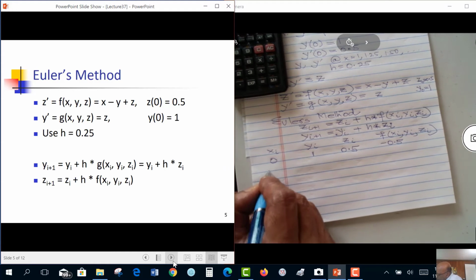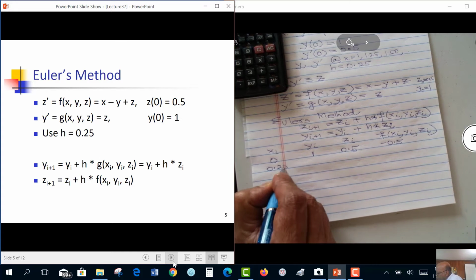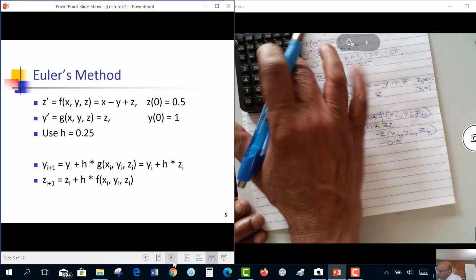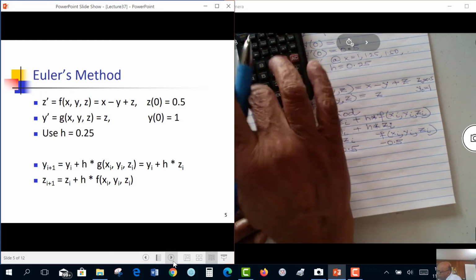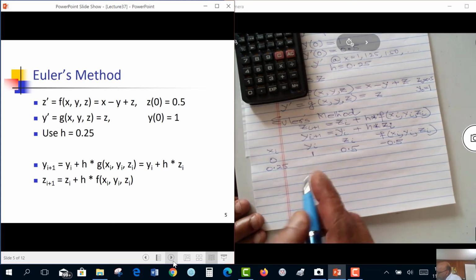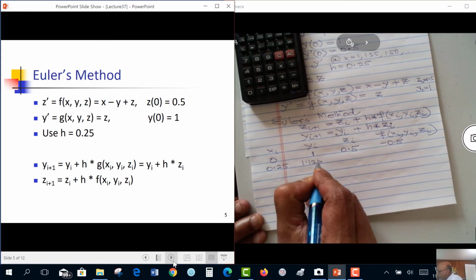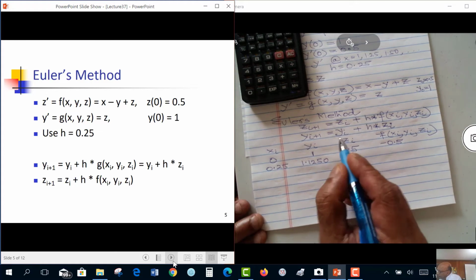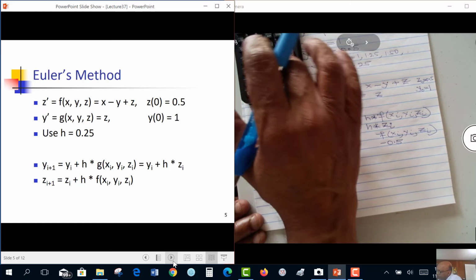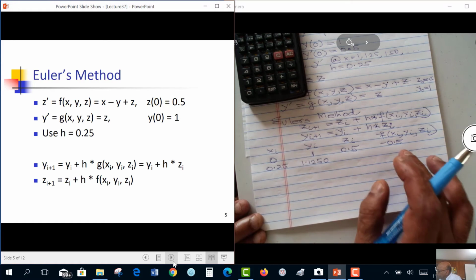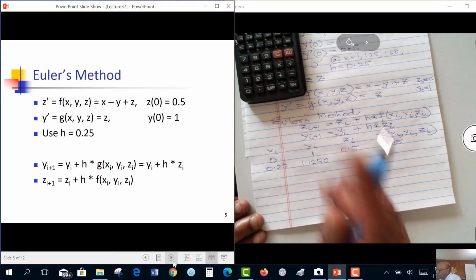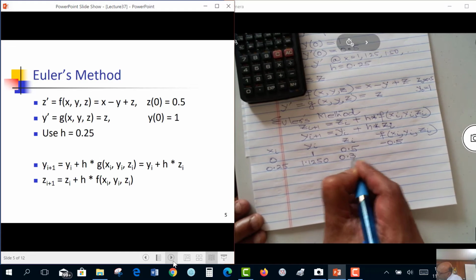So for x equal to 0.25, y would be y i, which is 1, plus h, 0.25, times z i, which is 0.5. So we'll get 1.125. We are going to keep 4 digits. z i plus 1 is z i, 0.5, plus 0.25 times the function value. And our function value is negative 0.5. So we will get 0.375.